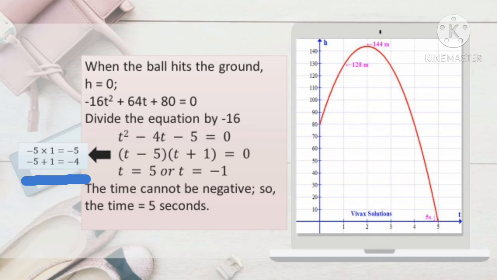And we get those two numbers are minus 5 and 1. So the factors are t minus 5 and t plus 1. And the result is t equals 5 or t equals minus 1. Because the time cannot be negative, the time is 5 seconds.